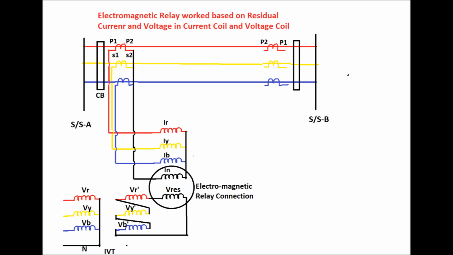IN is the residual current coil, and V residual is the voltage coil of the electromagnetic relay connection. Based on the current and voltage developed, flux will be generated, and based on the direction this relay will pick up, and the disc will move in a particular direction, which leads to the operation of the tripping coil of the circuit breaker.